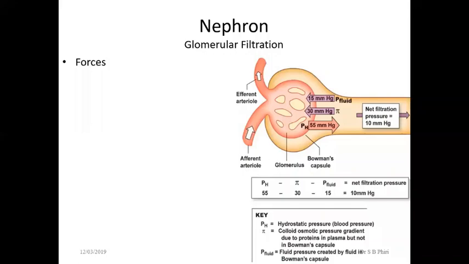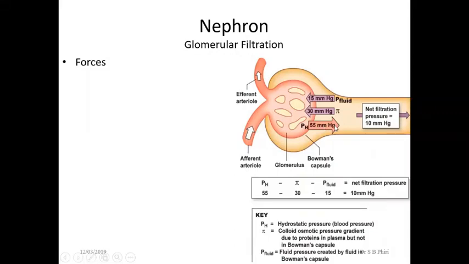So across the endothelial cells, the basement membrane, and the podocytes into the Bowman space. The pressure found within the glomerular capillary is called hydrostatic pressure. In this diagram, the hydrostatic pressure in the glomerular capillaries is shown as 55 millimeters of mercury.